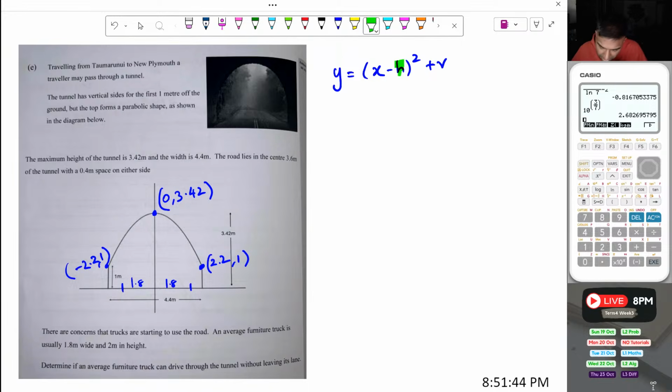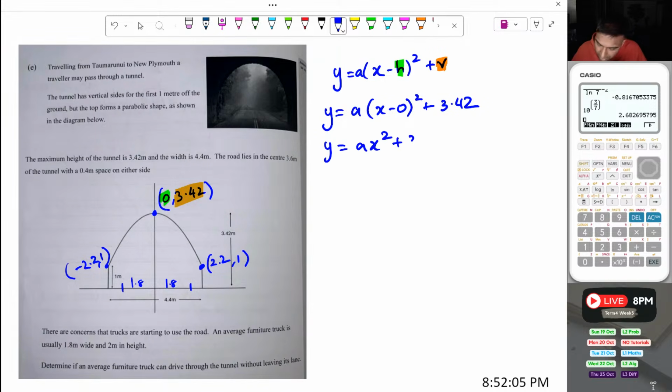So the h is that part right there, and the v is that part right there. Oh sorry, I forgot the a value. So it's going to be a times x minus 0 squared plus 3.42. So the formula is going to be ax squared plus 3.42.